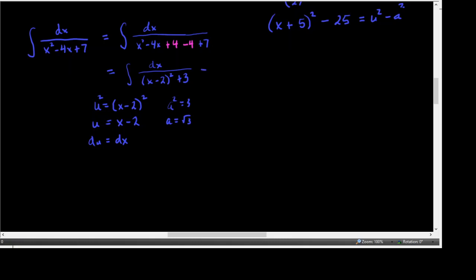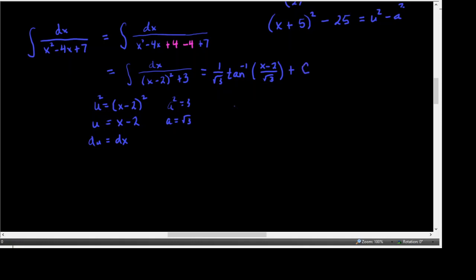So I think we're ready to rock and roll. This answer for inverse tangent, don't forget this one has the 1 over a, so 1 over square root of 3, arctangent, or tangent inverse of u over a, so x minus 2 over square root of 3, plus c.